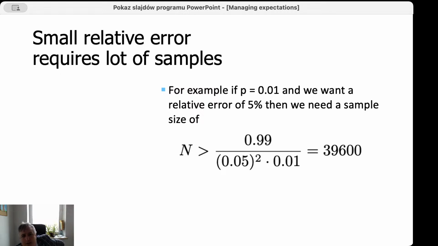Because if you look at it from the outside, a probability p of 1% is relatively rare. So in order to be certain about how probable that rare event is, you need to observe at least some of its instances, and if the event is rare, then you need to observe a lot of samples in order to observe instances of that one single event.